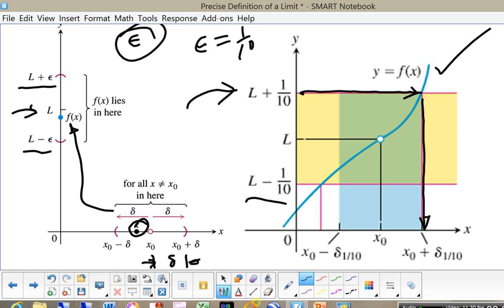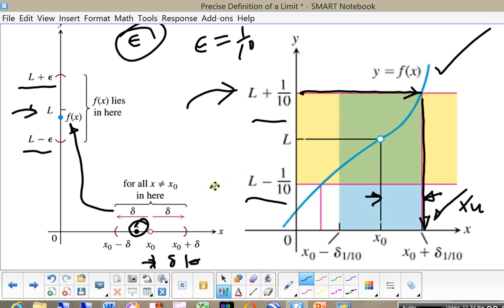Well, that's basically finding the inverse function and calculating the inverse of L plus 1/10. So when you do that, you get an x upper, which turns out to be a certain distance above x naught.